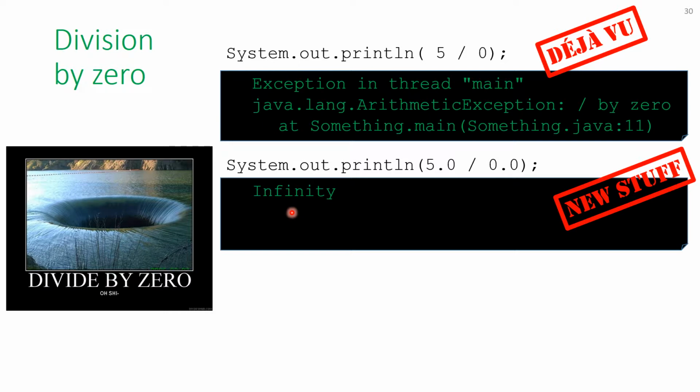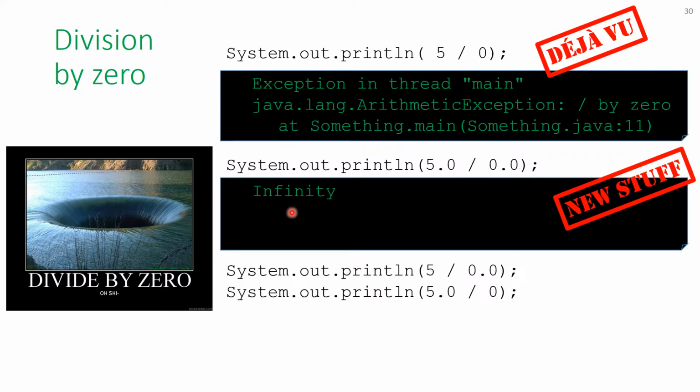So when println tries to display that floating point number, it reads the bits for the floating point value and it says, this means infinity. All of this has been established in the standard that we use to encode floating point numbers in memory. What if we have things like this? Well, you put it together.